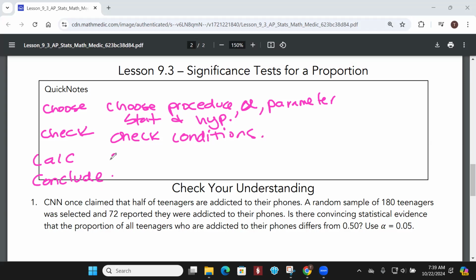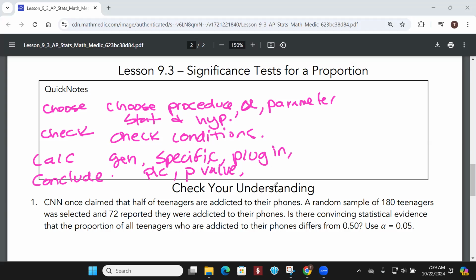You're going to write the general, the specific formula, plug in, do a picture, do a p-value. Like in the calculate section, you want to act like they don't know what they're talking about when they're reading your thing.